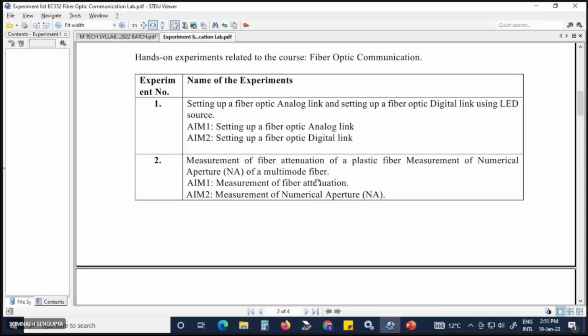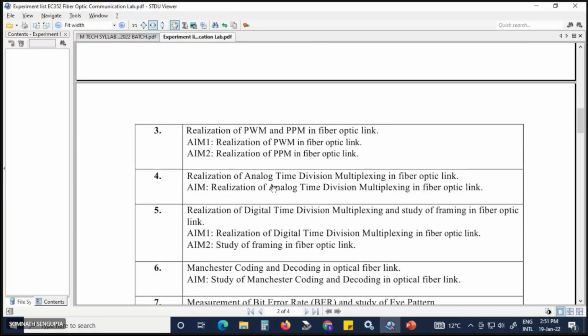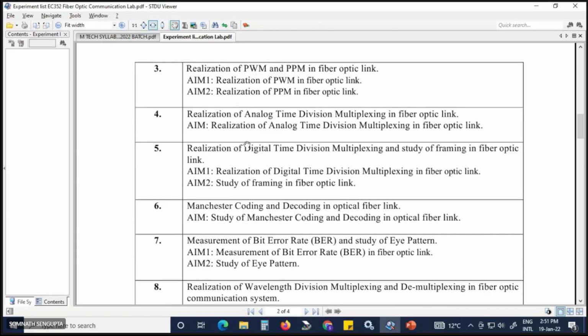So there are two aims: one is measurement of fiber attenuation, another is measurement of numerical aperture. Then the third experiment is PWM and PPM techniques, understanding or realizing PWM and PPM techniques in fiber optic link.